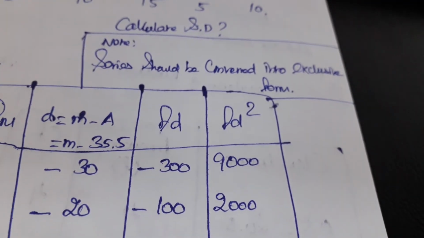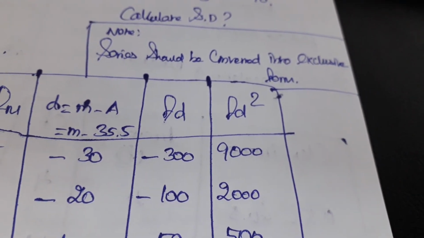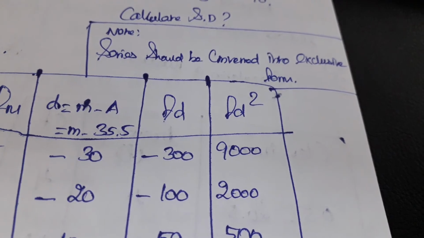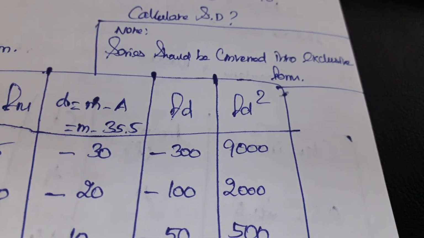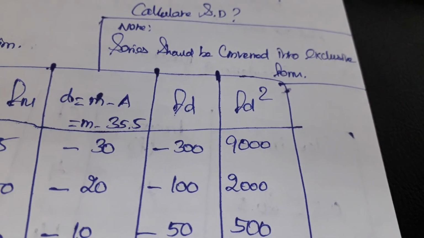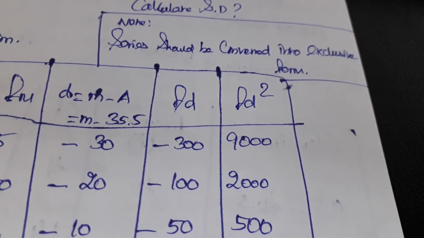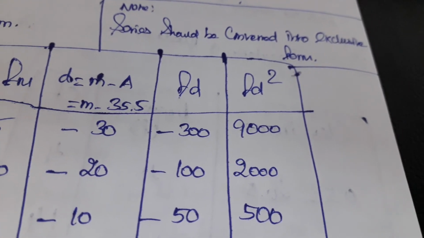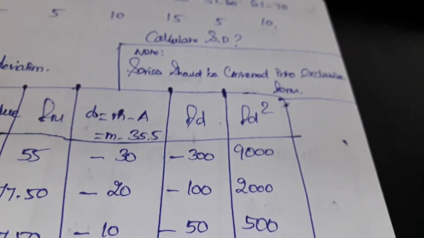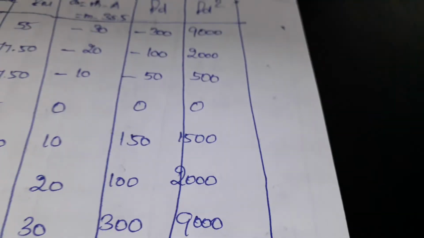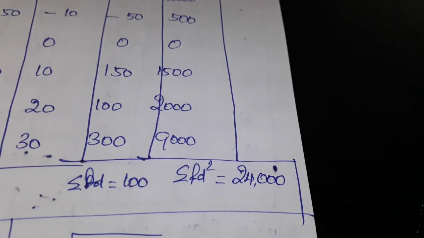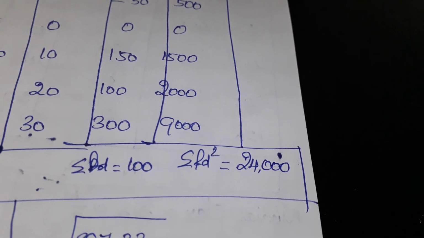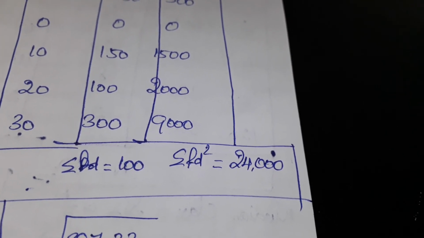Then we need to square the fd, the fd squared column. Just square the fd column, and we get the fd squared column. So now we total them as summation fd squared, that is 24,000.